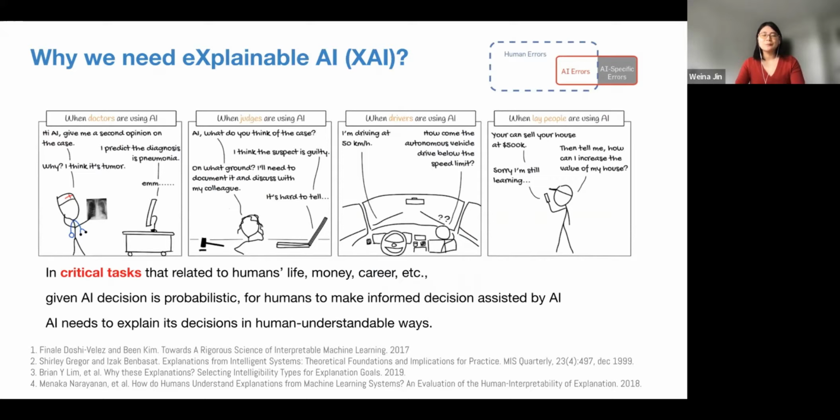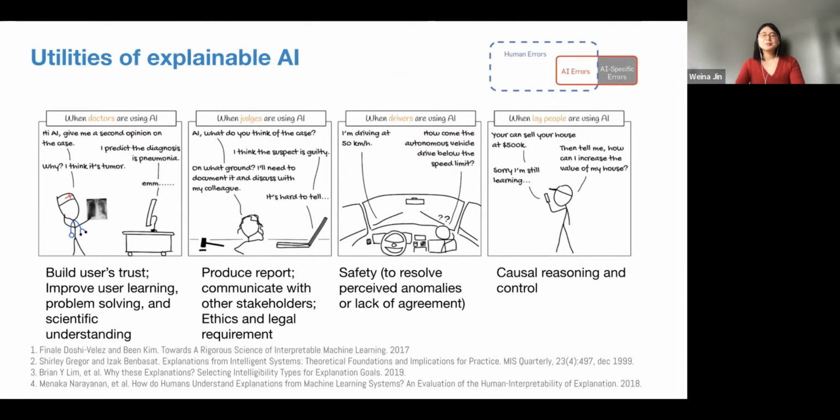So that's why we want to make AI more explainable. And explainable AI has those utilities like helping human users to calibrate their trust towards the AI prediction, and also can help a human user to verify the AI decision, or even help users to improve their own problem-solving skills or make some scientific discoveries.